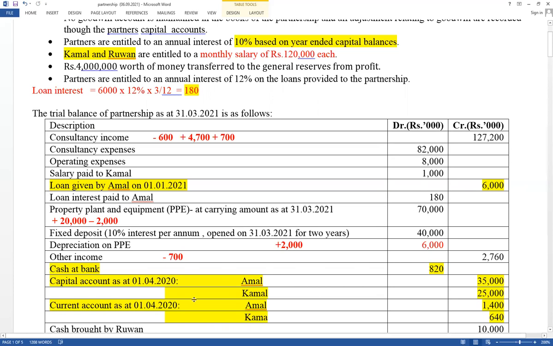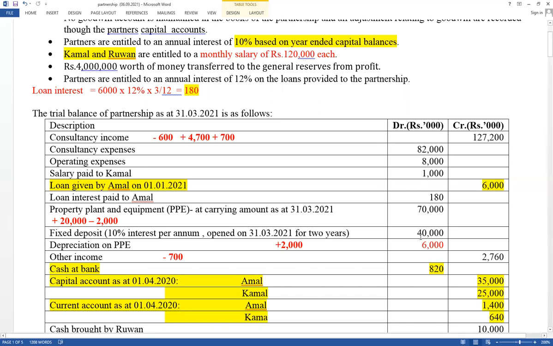Think about fixed deposits. The fixed deposit was deposited at the end of the year. Therefore, the fixed deposit is not available during the current period, and there is no need to calculate fixed deposit interest income. But it is an asset, so income cannot be considered.